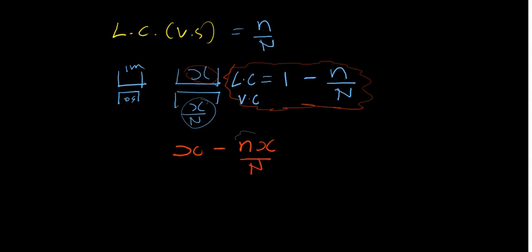Because the total length of the n divisions is n times x divided by capital N. This is the least count, and you are going to subtract, so you can just take the x out because it is the common factor. So it's going to be x times 1 minus n over capital N.